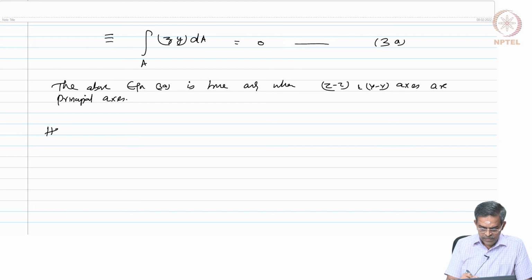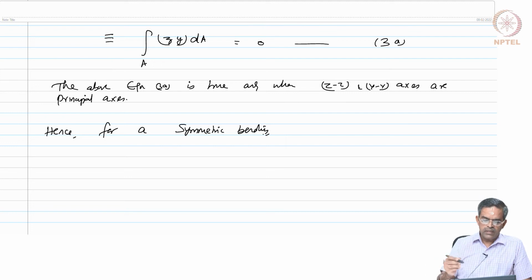Hence, for symmetric bending, there are certain conditions.